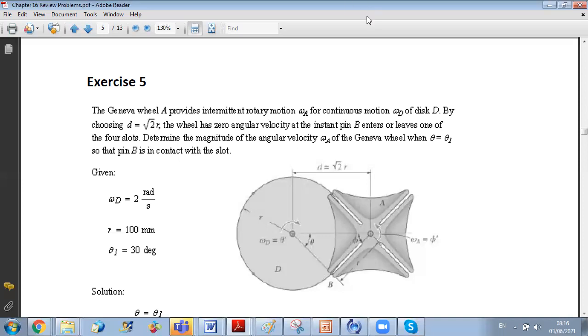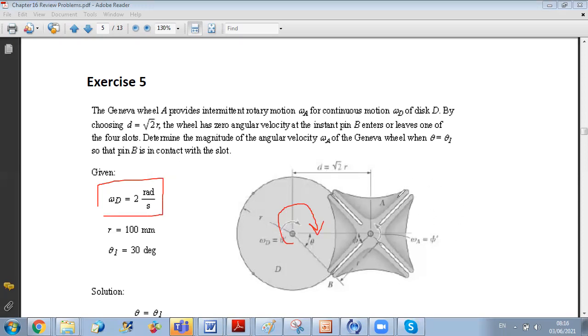In this problem, we have two wheels, but one has continuous rotation. This wheel is rotating with omega D clockwise equals 2 radian per second, while wheel A is not of circular shape, as you can see.